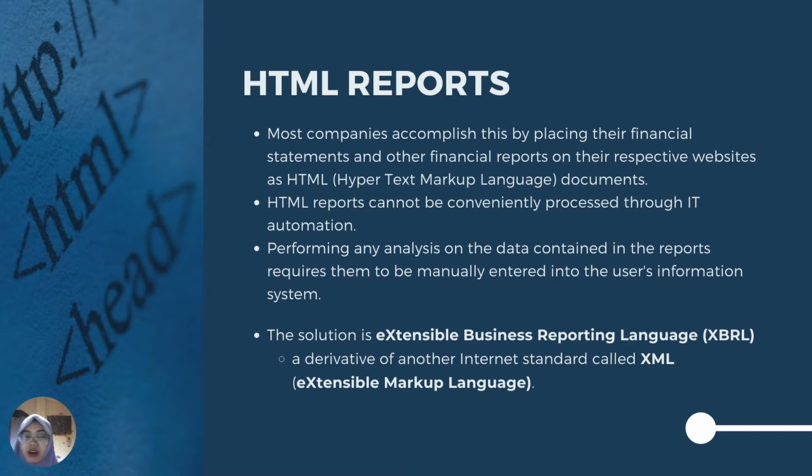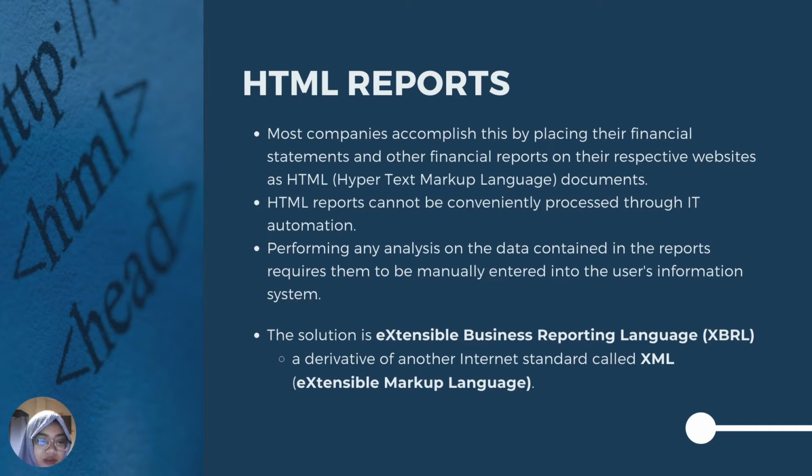For example, content could be structured within a set of paragraphs, a list of bulleted points, or using images and databases. The solution to this problem is using Extensible Business Reporting Language or XBRL, which is the internet standard specifically designed for business reporting and information exchange.